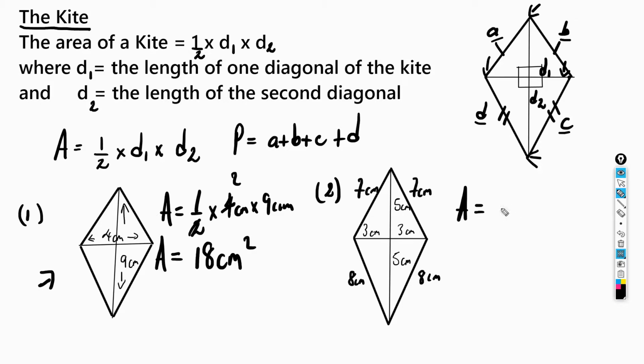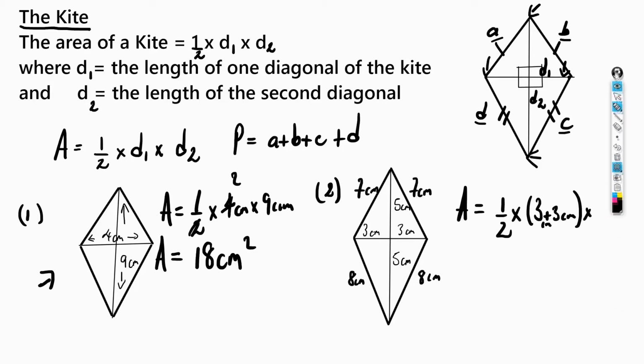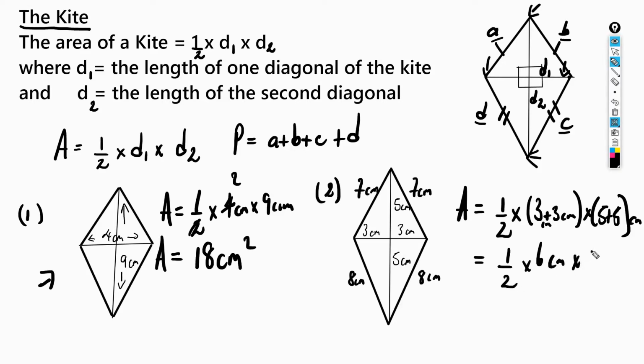The area is equal to a half multiplied by one diagonal, which would be 3 plus 3 centimeters, multiplied by 5 plus 5 centimeters. 3 plus 3 would be 6, so it would be a half times 6 centimeters times 10 centimeters. And this 2 can go into the 6 3 times, so we would end up with 30 centimeters squared as the area.